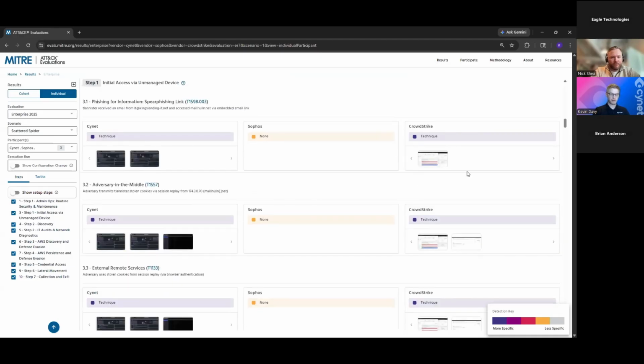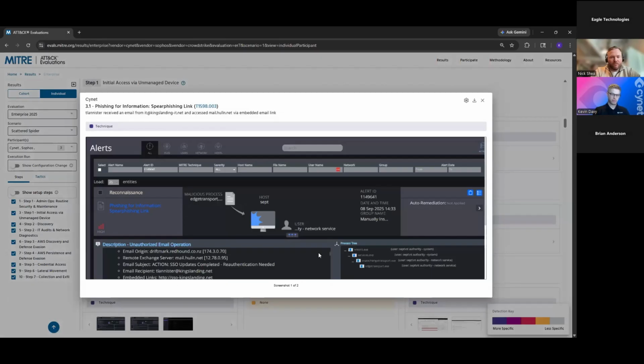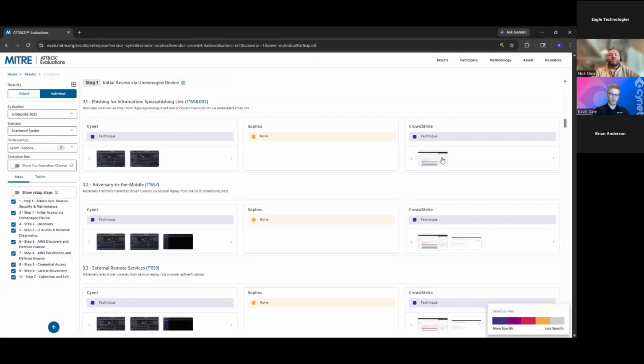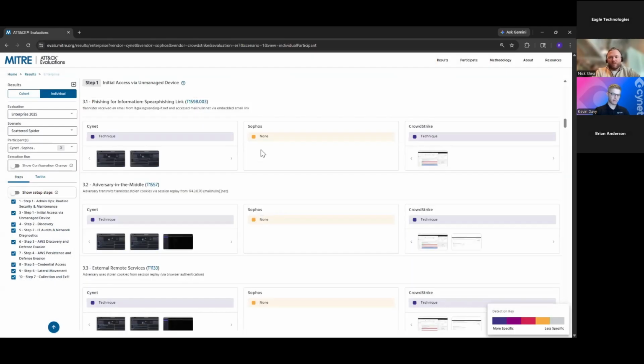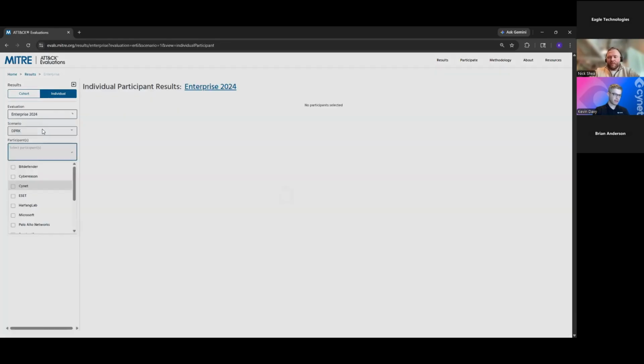And even if you're familiar with the vendors, you can look at them side by side, see how it was displayed in this particular vendor, and then compare it to another one, right? So Cynet versus CrowdStrike, etc. So cool information to go through here. And as you look at the drop downs, we have options for 2024, 2023. And the participants actually are going to change, which is interesting.